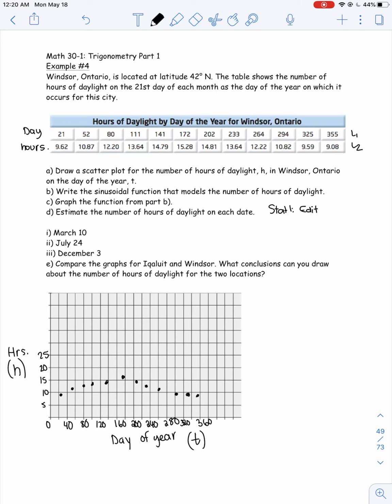If there is anything in there, delete all those values. Then enter the days of the year into L1, which is your X value, and your L2 is going to be your hours of the day.